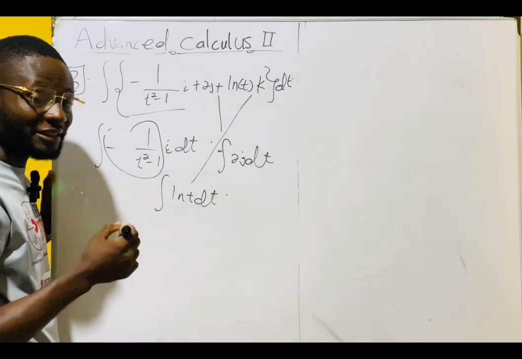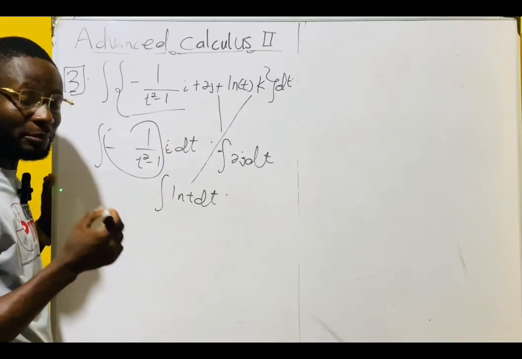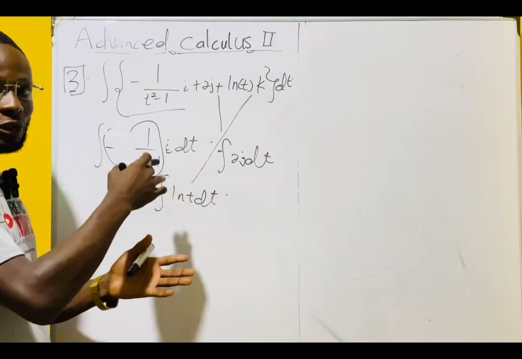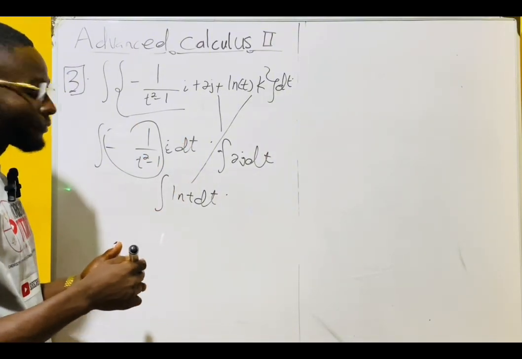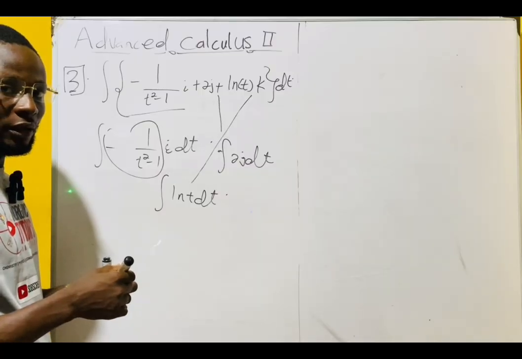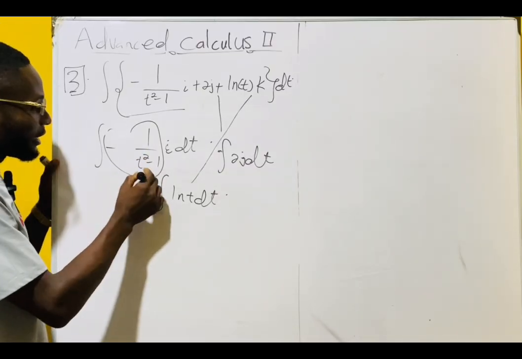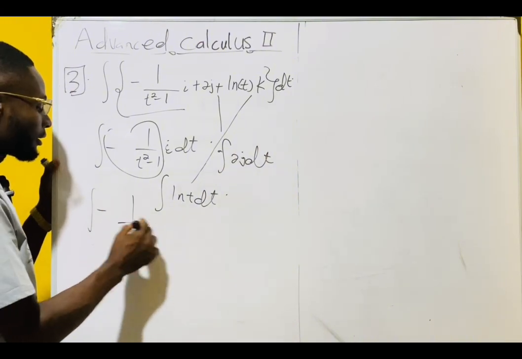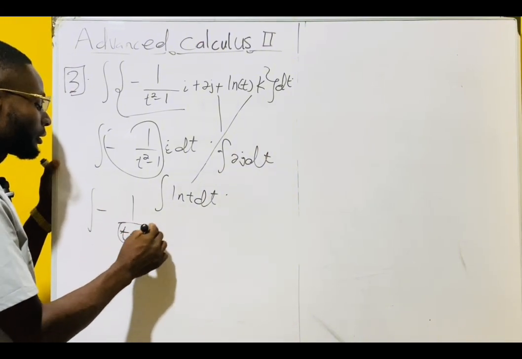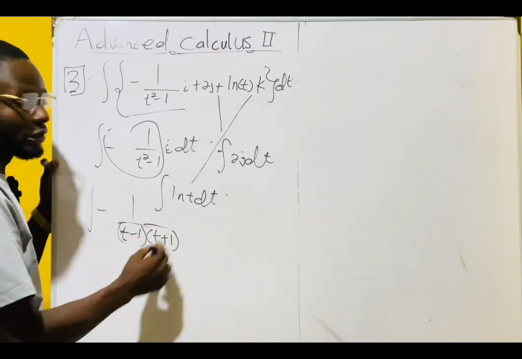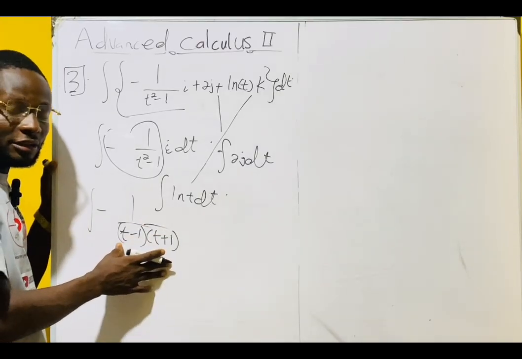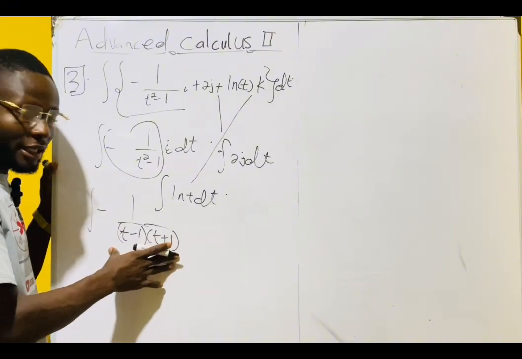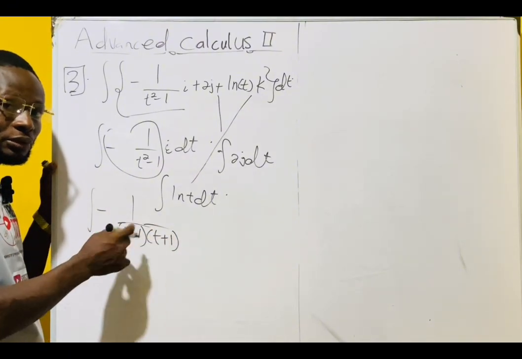You know that for this one you have to use the partial fraction first, right? Integration by partial fraction. Once you are done with that, then you come and substitute and integrate, right? So this here is basically the same as 1 over (t minus 1)(t plus 1). So use the partial fraction decomposition to decompose this. Once you are done, then you substitute and integrate.